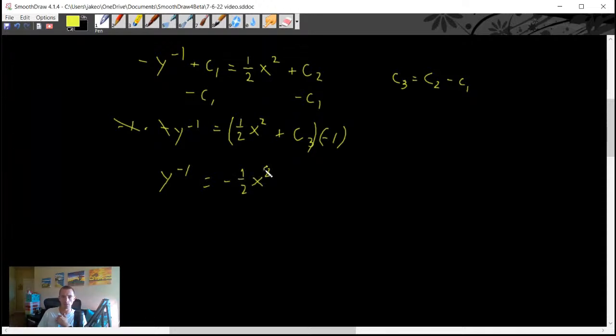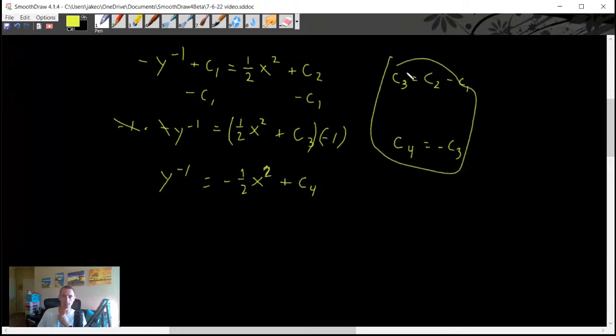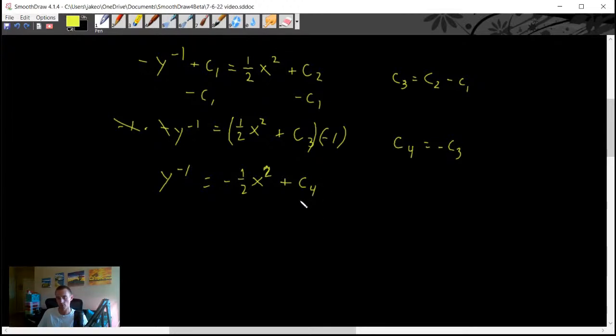And then what we can do here, we can either say minus C4, or just to keep it easy, having a plus C, we can introduce a new unknown constant C4, which like we did in the prior step, C4 is basically just negative C3. But again, that doesn't really matter. We don't really need to keep track of this over here. That's just me pointing out that we're introducing new arbitrary unknown constants. So we have this new one so that we can keep it as just plus C, basically. Just keeps it kind of simple.